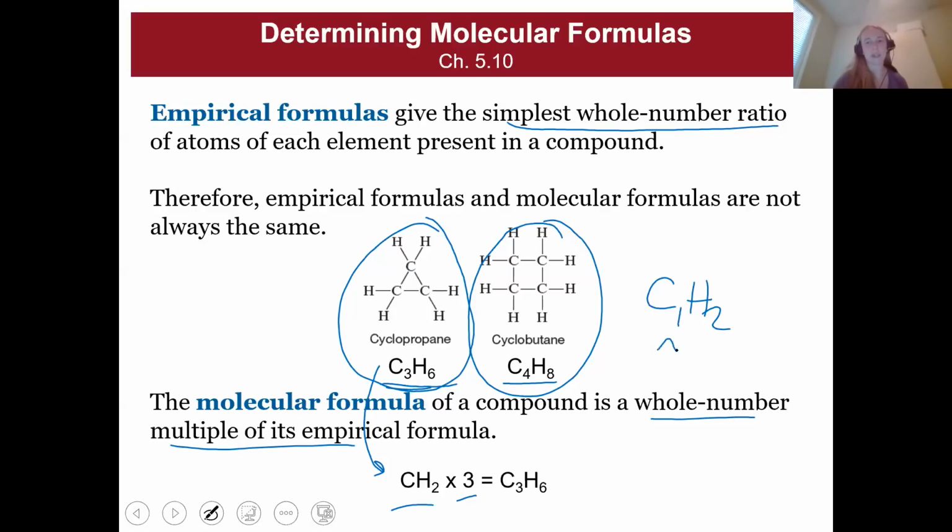There's a 1 here that we don't really write. So we multiply those subscripts by 3 and we end up with C3H6, which is the molecular formula of cyclopropane. So cyclopropane's molecular formula is a whole number multiple of its empirical formula. And that's how we're going to go from empirical formulas to molecular formulas.